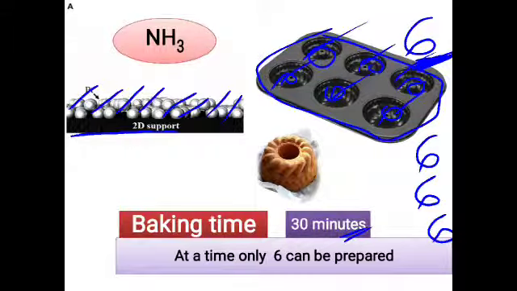When ammonia molecules are getting adsorbed here on the surface of the platinum, the surface of the platinum will become fully covered with ammonia molecules, and whatever extra ammonia molecules are present will remain as they are. You can see here that the extra concentration of ammonia molecules cannot be adsorbed. Only the ones which get adsorbed can be converted into product.